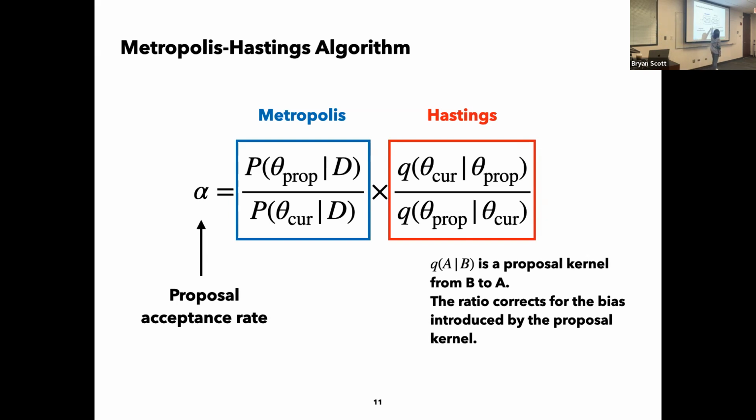The lower one, Q of state 4 given state 3, is 0.5. The upper one, Q of state 4 given state 3, is 0.5 as well. So this ratio is symmetric, like the proposal is symmetric. So this ratio equals 1 in our coin flip.